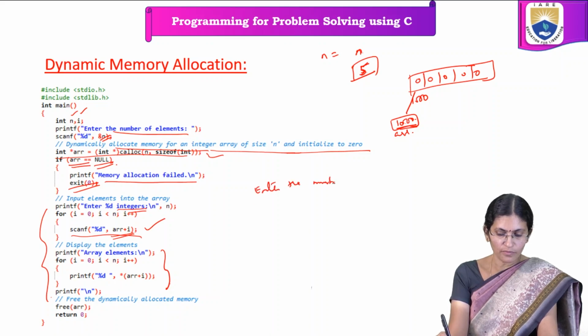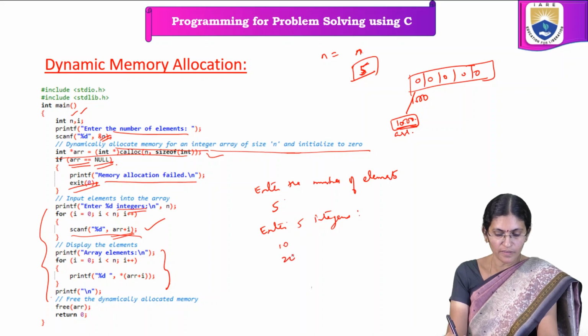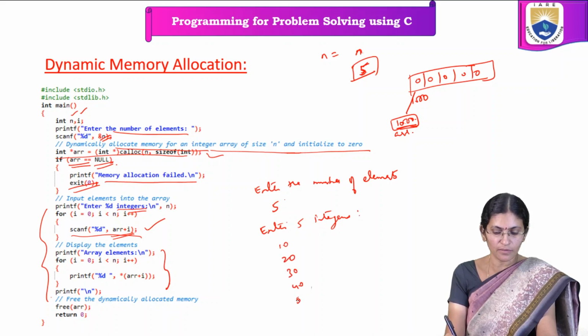Enter the number of elements. If the user gives 5, then if the memory is allocated successfully, these statements will run. Enter the 5 integers. In the next line, suppose the user gives 10, 20, 30, 40 and 50.